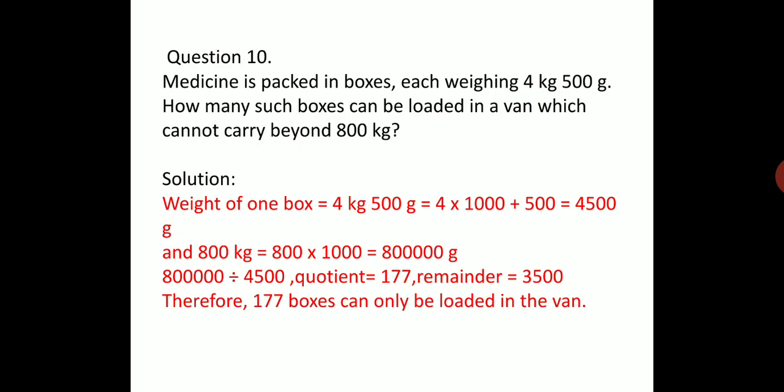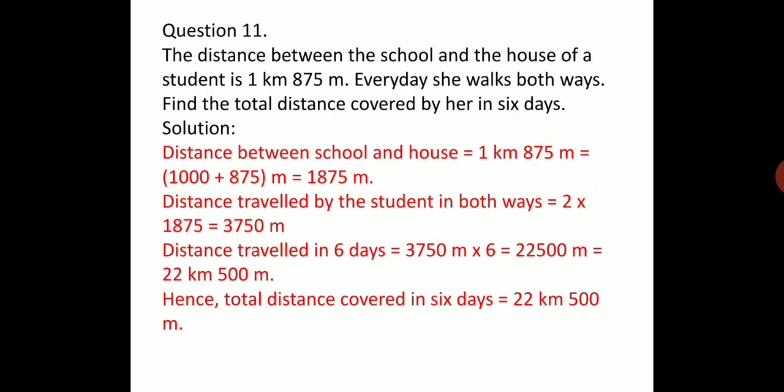Now you see the next slide, that is question number 11. The distance between the school and the house of a student is 1 kilometer 875 meter. Every day she walks both ways. Find the total distance covered by her in 6 days. How many days? 6 days. First we'll find the distance covered in 1 day, up and down both sides.